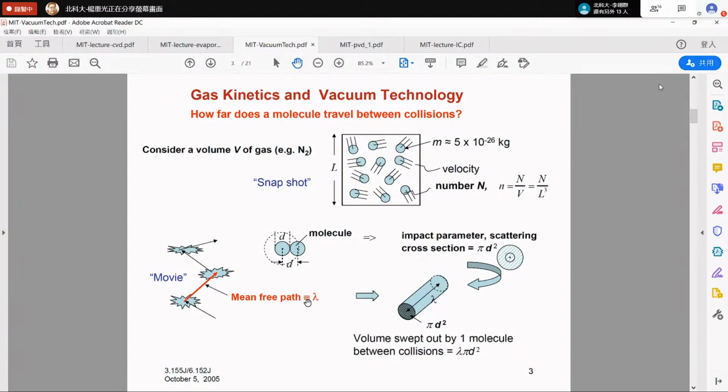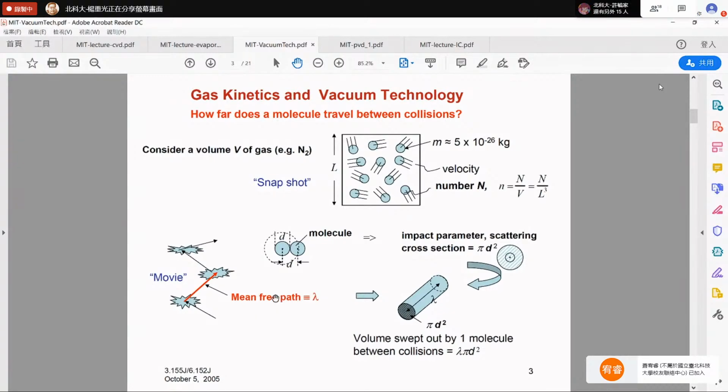The mean free path is how far the molecule moves before the next collision. We call this the mean free path, lambda.